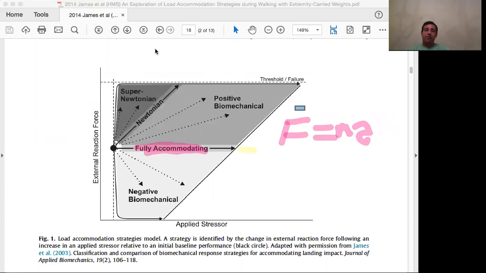So if I have Newton's second law here, and I'm saying that I increase this mass, well, if it was Newtonian, then it would have an increase in force as a relationship to that increase in mass, right? But what we're saying here is with this increase in mass, there is no increase in the force production, right? And so that's a very important piece.